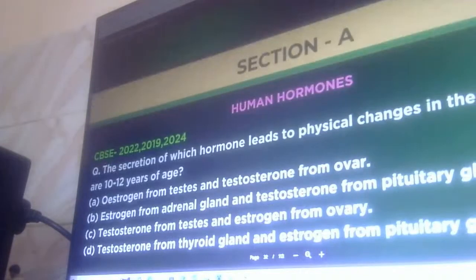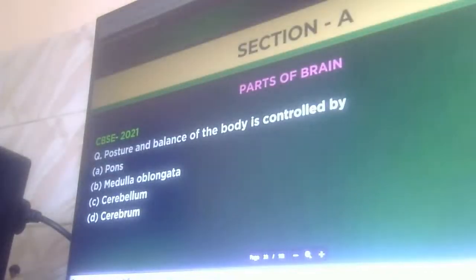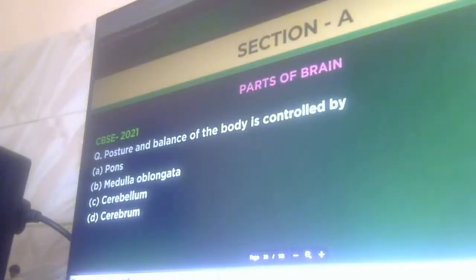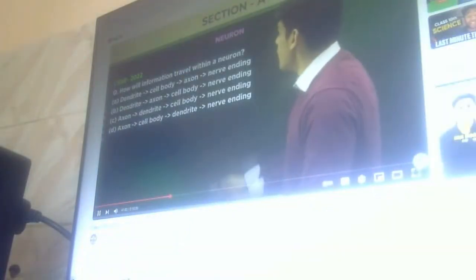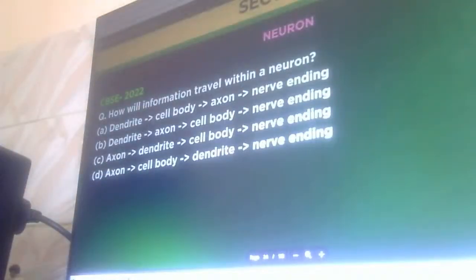Section 10 to 12 years of age. Option C. Next question, Bhaiyya. Yeah, option C correct. Muscle balance is cerebellum. I don't have to think. Dendrite to cell body to axon to nerve ending. Option A.